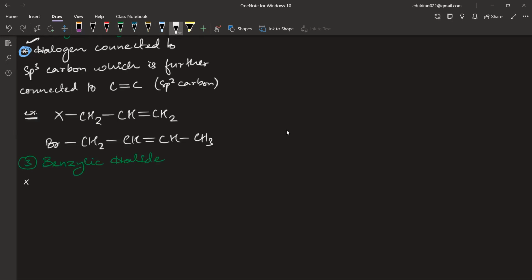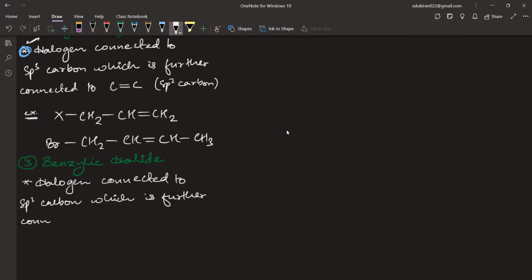In this case, please write halogen connected to sp3 carbon, which is further connected to a benzene ring.